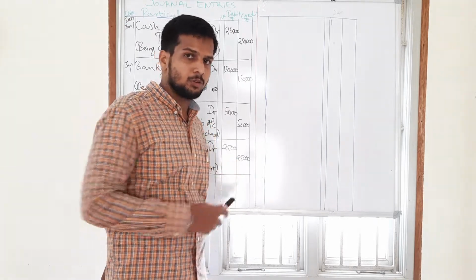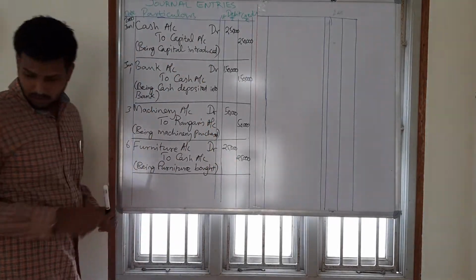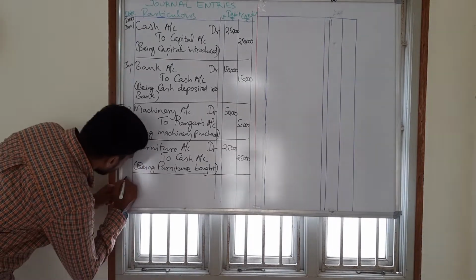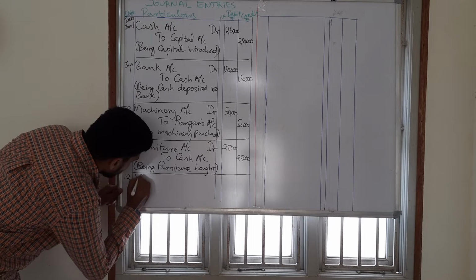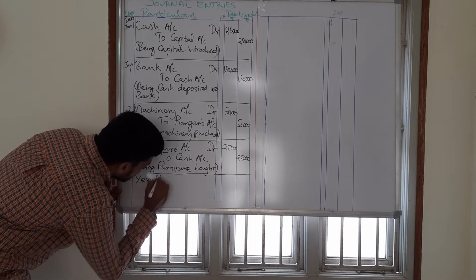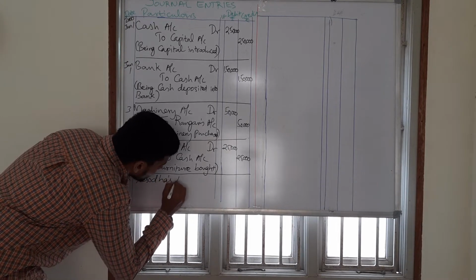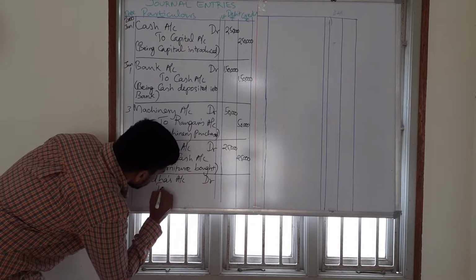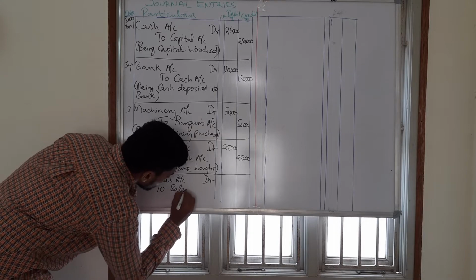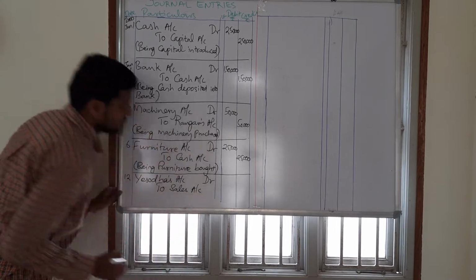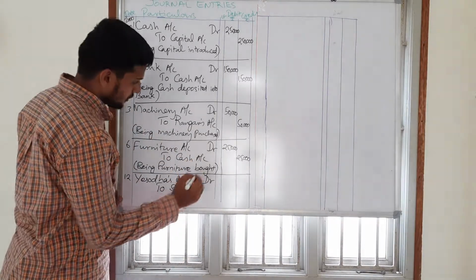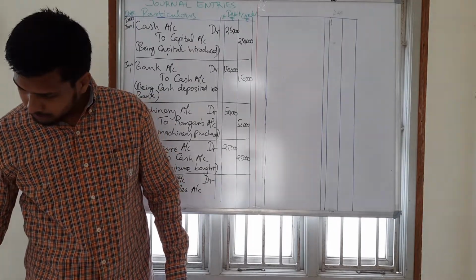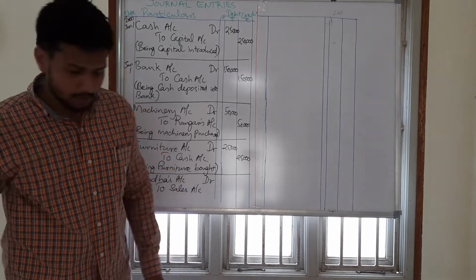So how the entry should be recorded: date of the transaction 12, Yashoda account debit to sales account. What is the amount? 22,500.